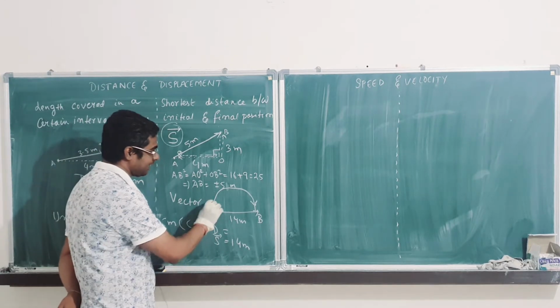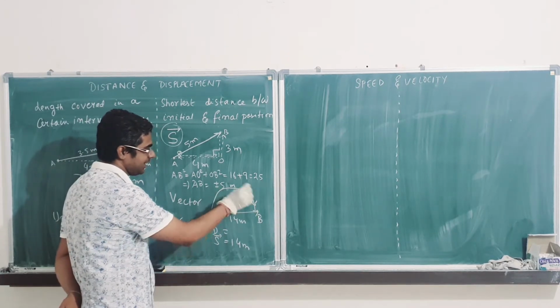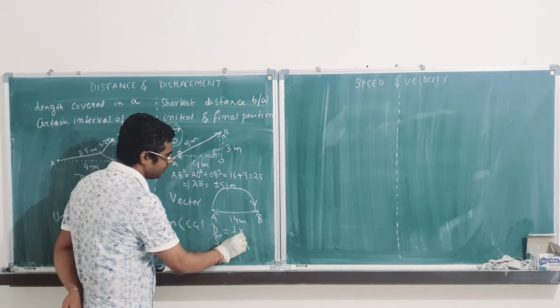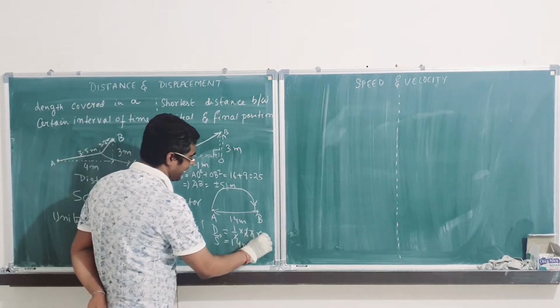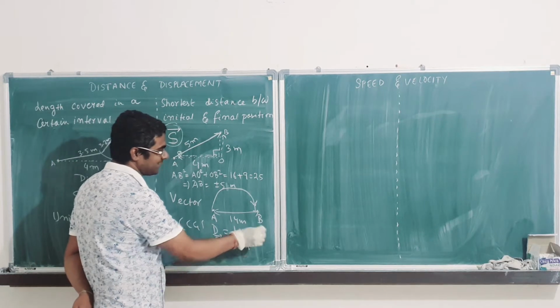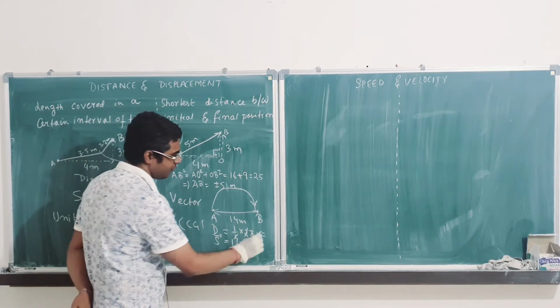Distance will be the circumference or the perimeter of the semicircle, that is half into 2 pi r. Pi r means 22 by 7 into 14, so 44 meter.